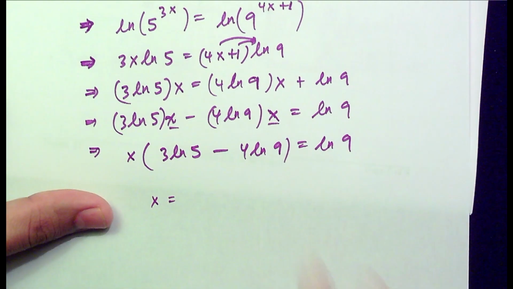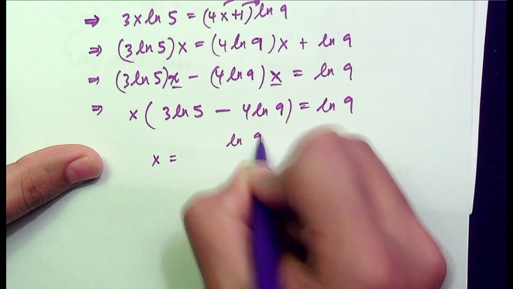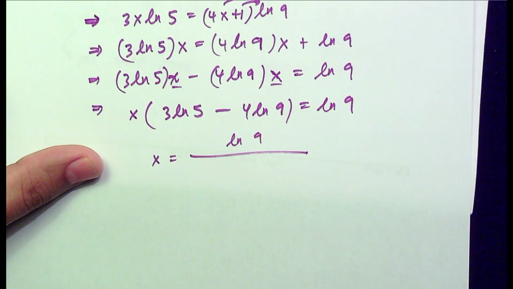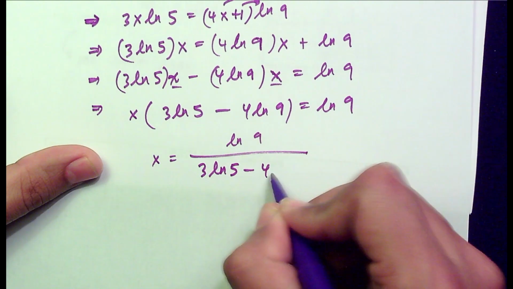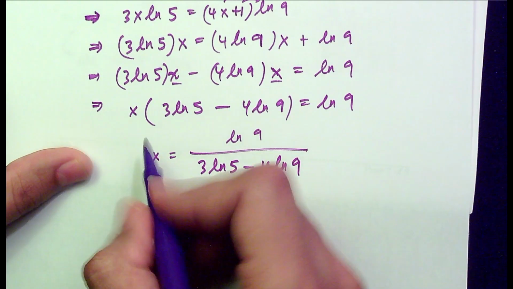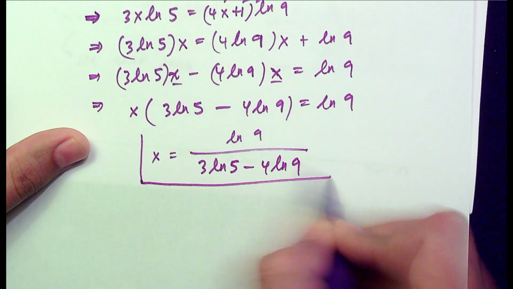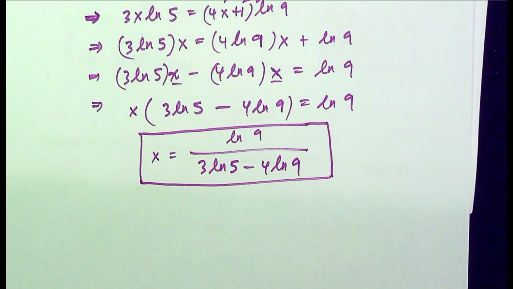So x is going to be equal to ln of 9, all that divided by 3 ln of 5 minus 4 ln of 9. And that's the answer for that one.